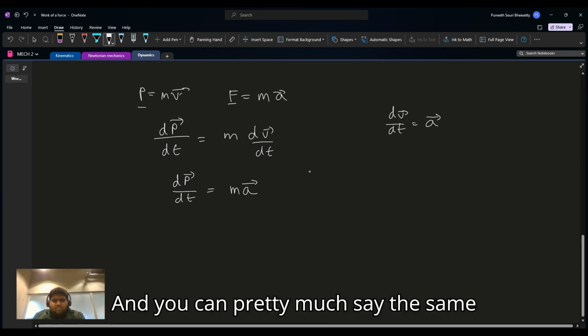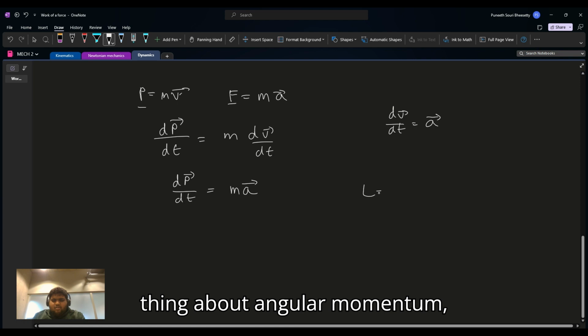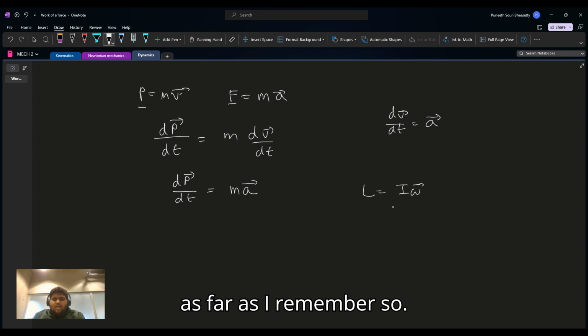And you can pretty much say the same thing about angular momentum, right? I hope this is the equation as far as I remember.